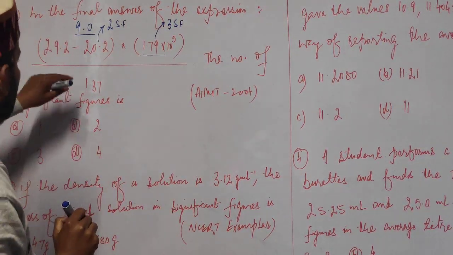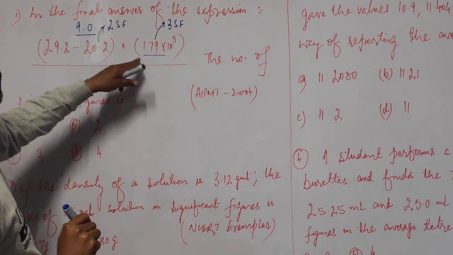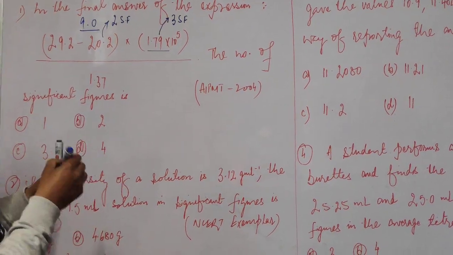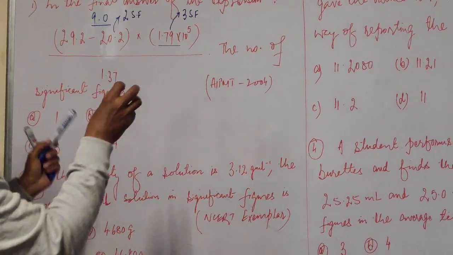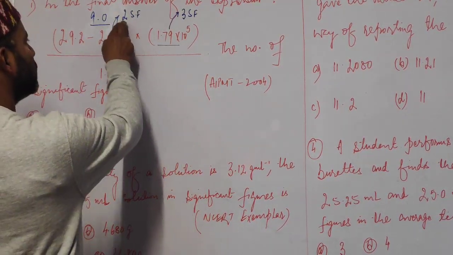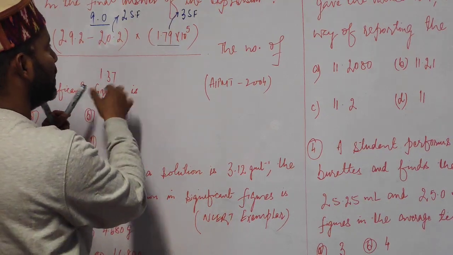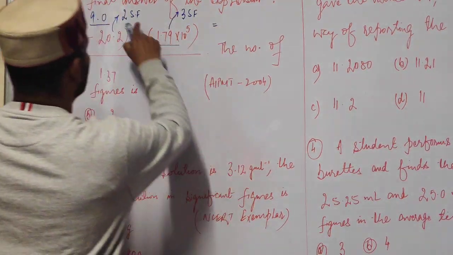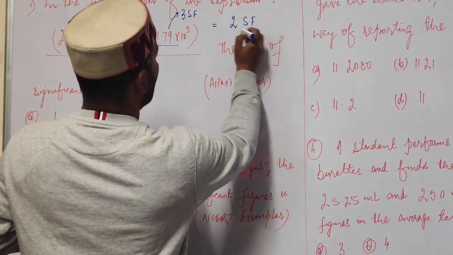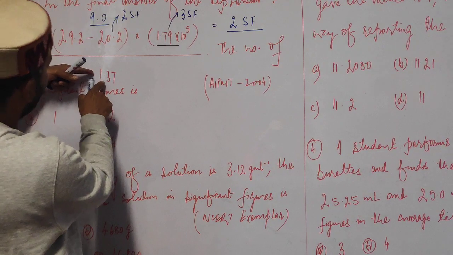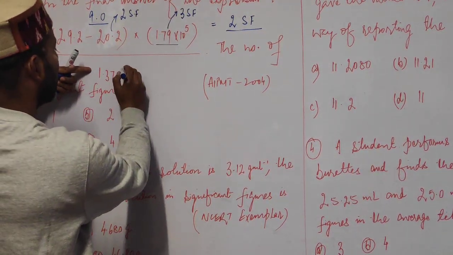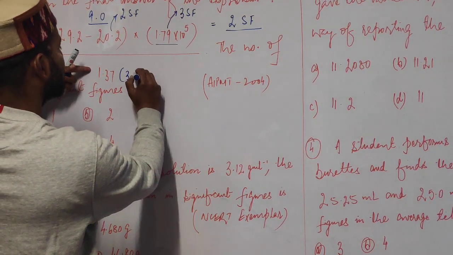Now students, when we multiply 9 with 1.79, we know that in multiplication the answer should be reported up to the minimum number of significant figures. So that means our answer should be reported up to 2 significant figures. Now we are dividing this by 1.37, which again has 3 significant figures.